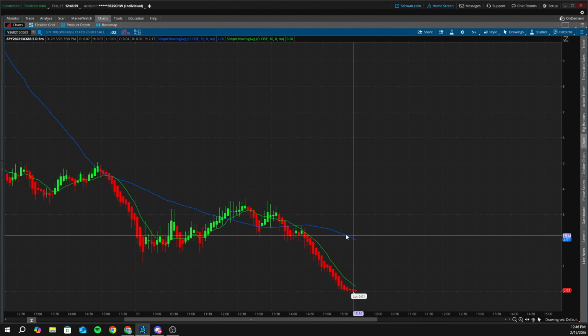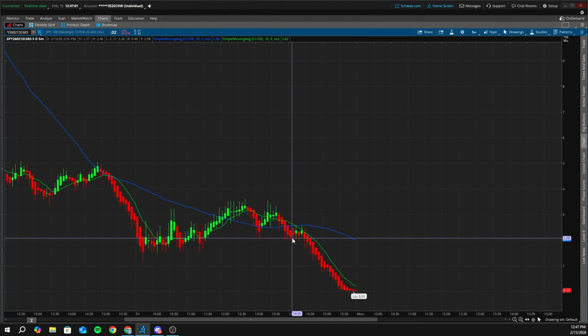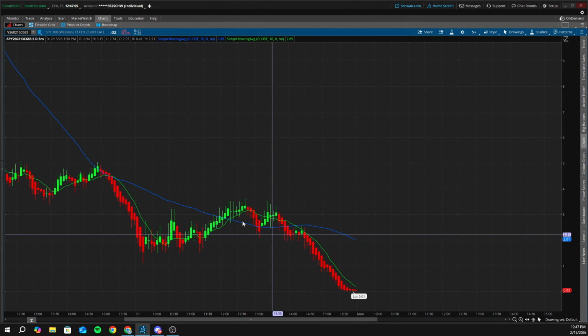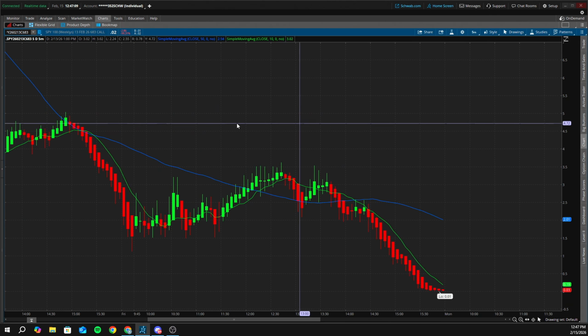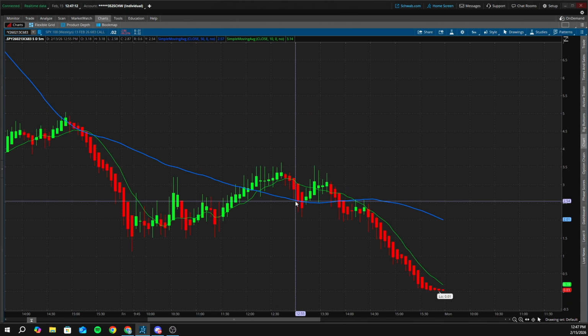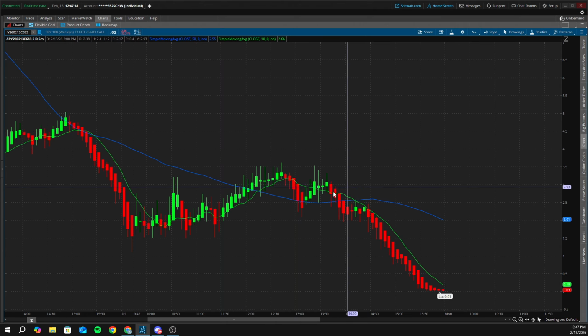Let's see, what time was this at? This was at 1:10. So right here you could have actually taken a negative cross. This is a trade opportunity. It's a trade that I don't take that often. I'm more focused on the positive crosses where the 10 goes above the 50 and the 50 curls.